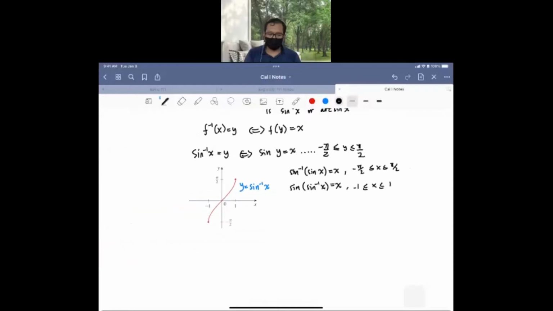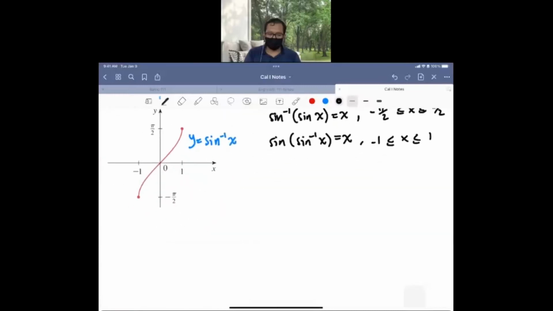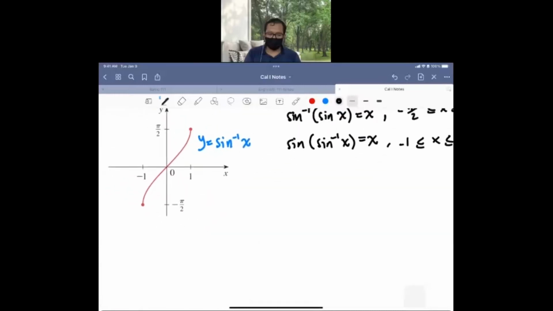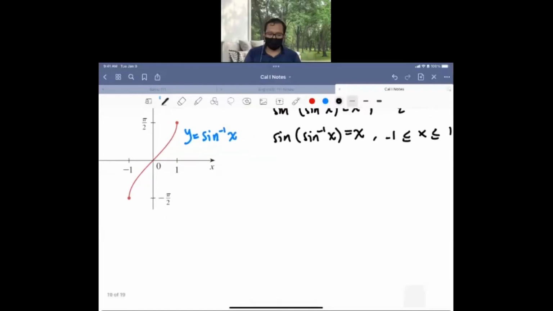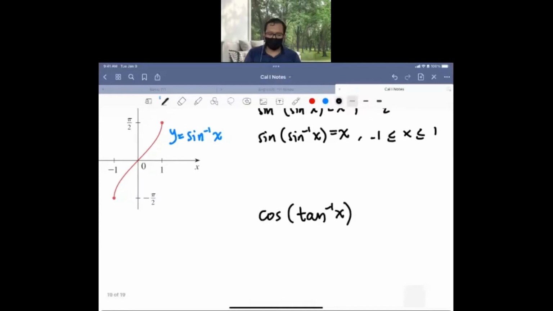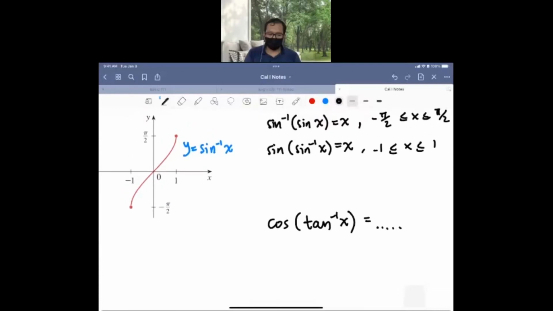But what I would like you to take notes on is, if we have an expression, for example, cosine of tangent inverse x, what does it mean, or how can we simplify this expression? We can write tangent as sine over cosine.